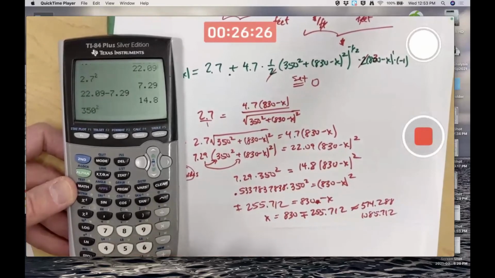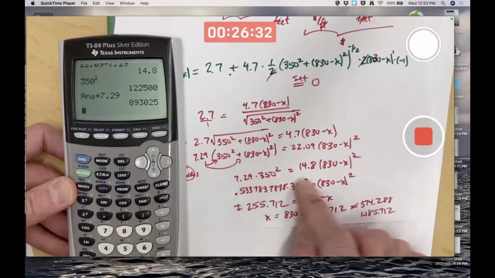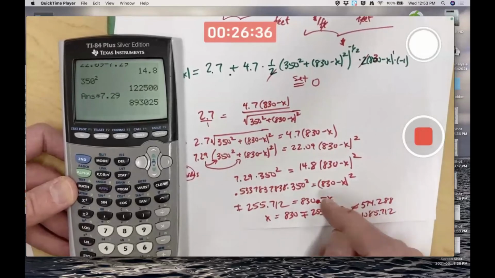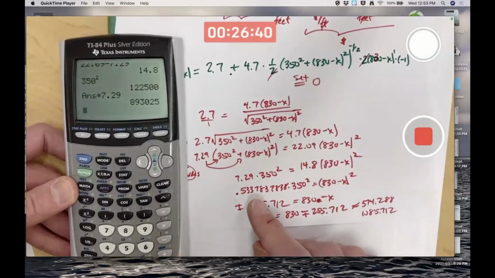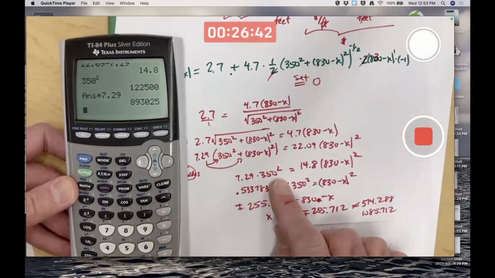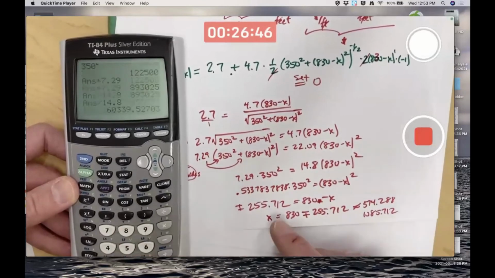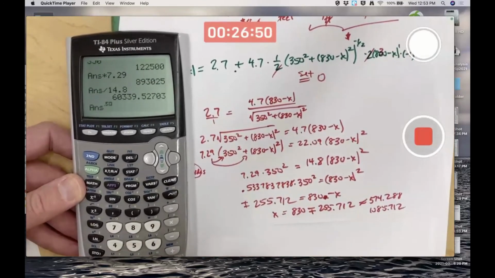350 squared times 7.29. And then divide by 14.8. And then take the square root.